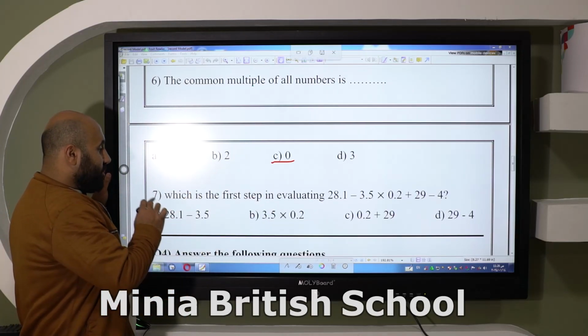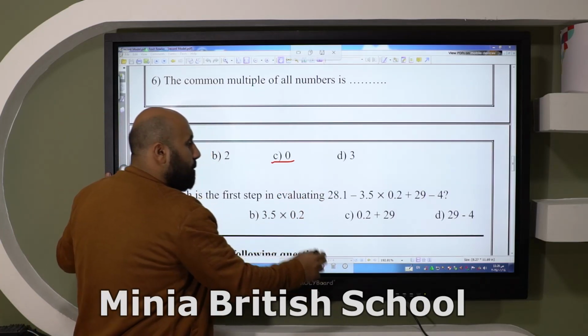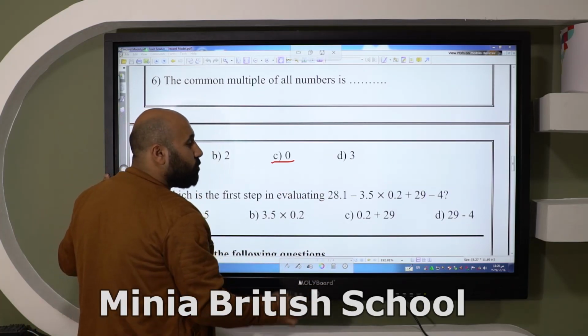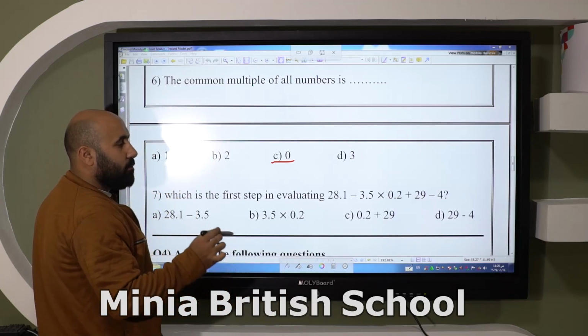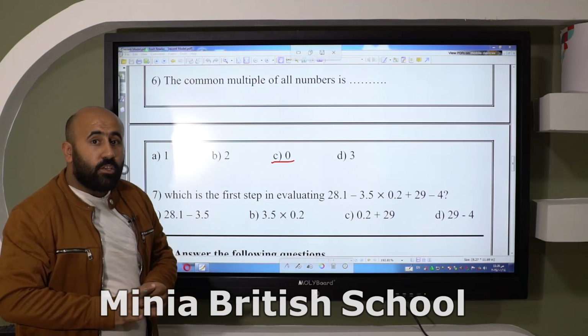Which is the first step in evaluating 28.1 minus 3.5 times 0.2 plus 29 minus 4? This is the ordering of mathematical operations.